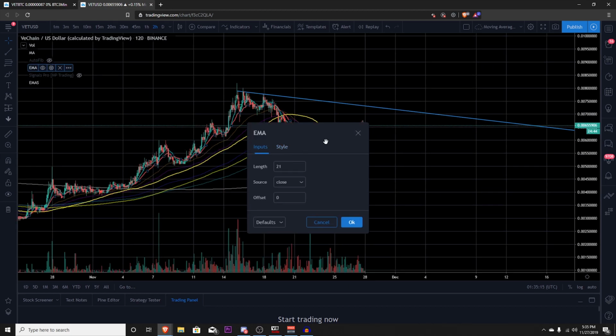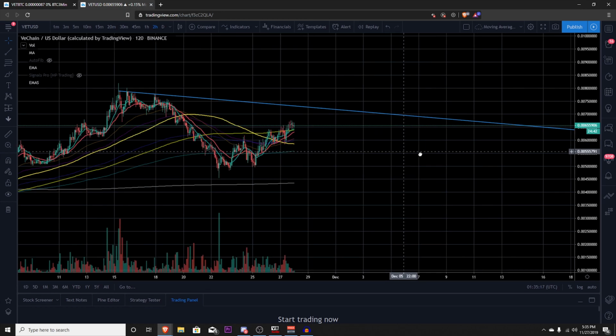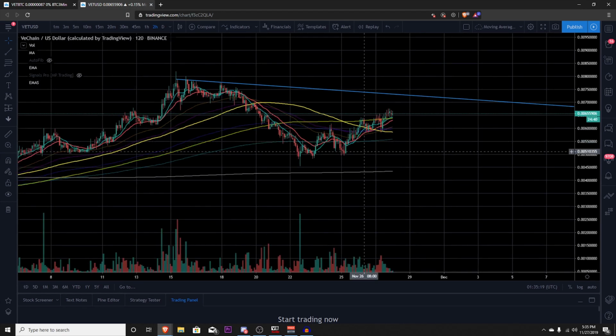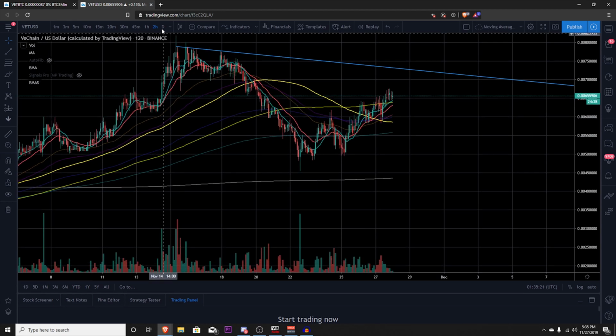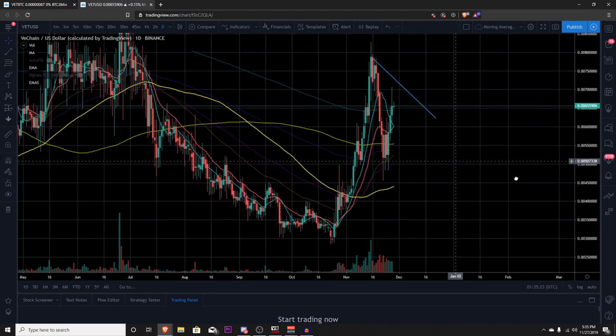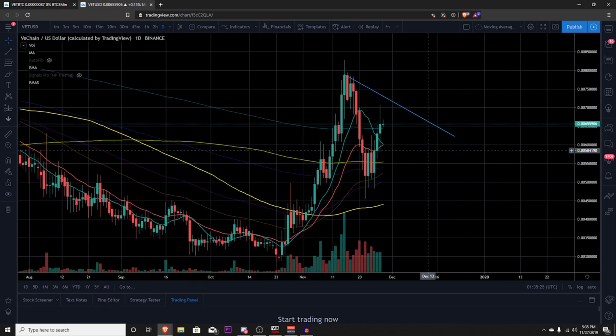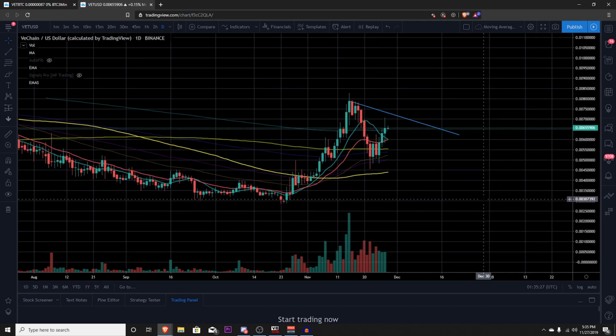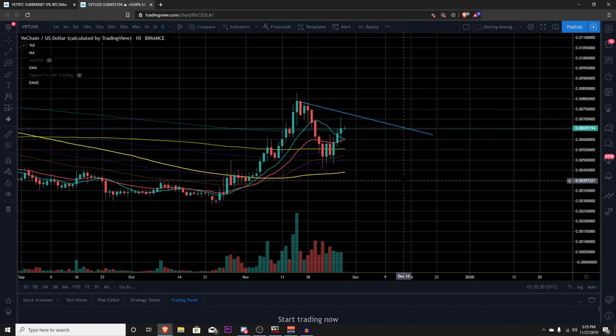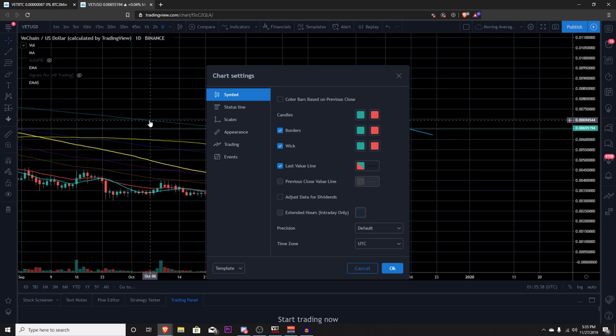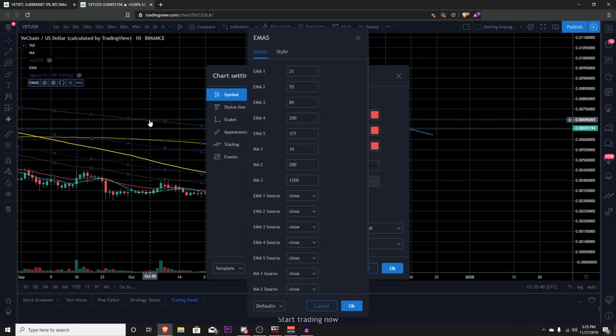If we put the EMAs on, as you can see, that is looking pretty good actually. So this is a 21 EMA. On the 2 hour, we're above it. We're above all the major moving averages on the 2 hour. Let's see the daily. The daily is looking pretty good, so we're above all the major moving averages and the EMAs as well. So it is looking pretty bullish. Obviously, if we can find support here, and if we don't end up dumping.